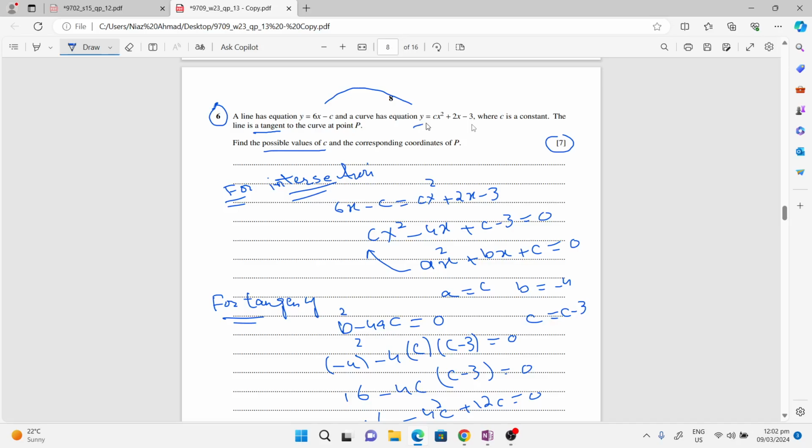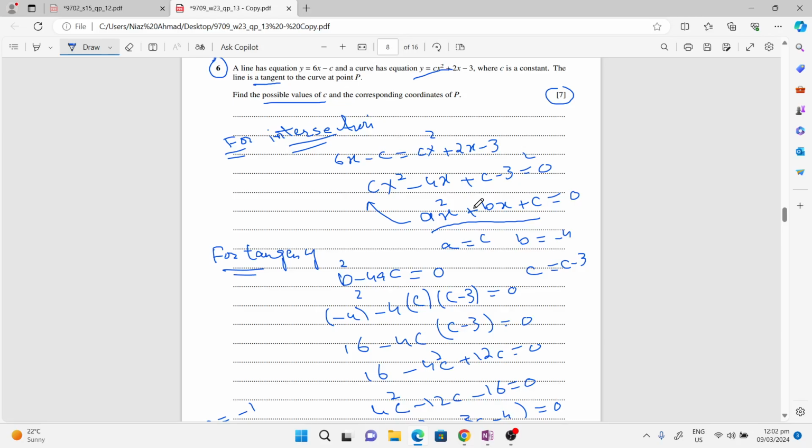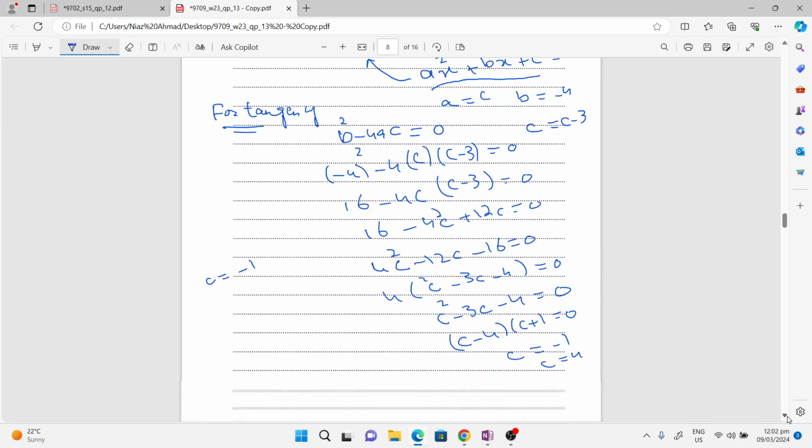This is my equation of the curve, and now I have the value for c, that is -1. You have to use this equation: cx square minus 4x plus c minus 3.